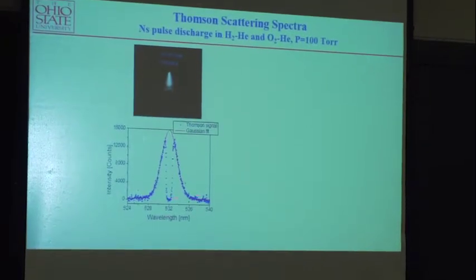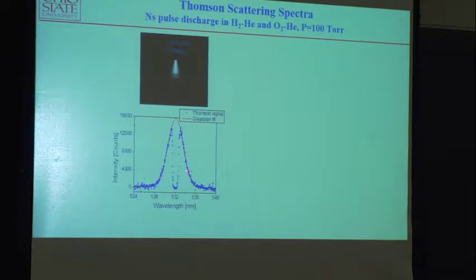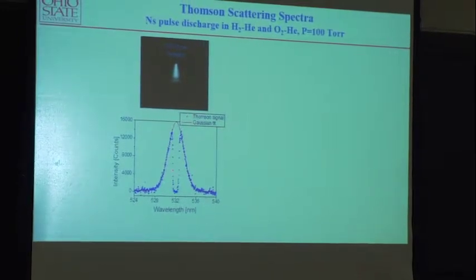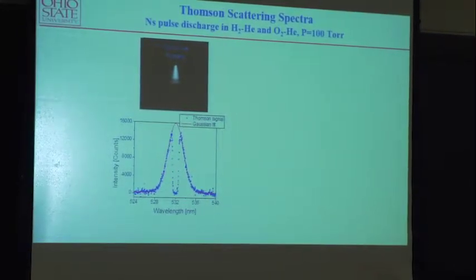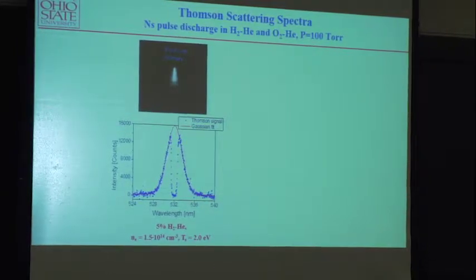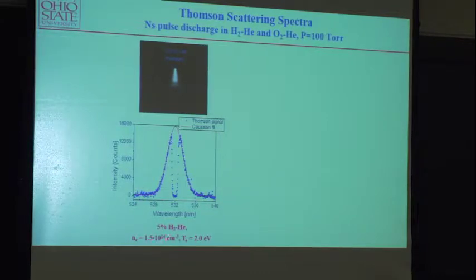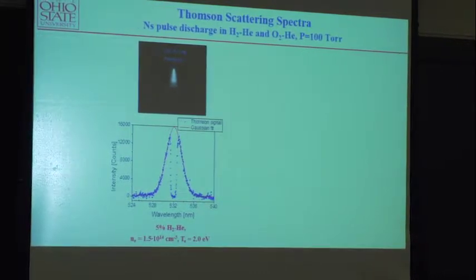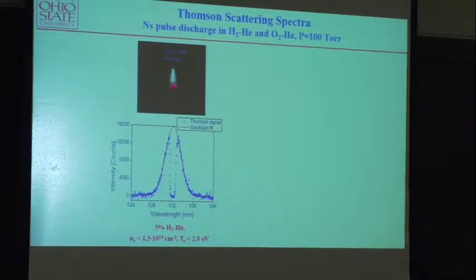So here is the Thomson scattering signal, and you can do a Gaussian fit, which gives you the width of the broadening and the temperature, about 2.0 eV, and the number density is 10 to the 14th, which is pretty high.